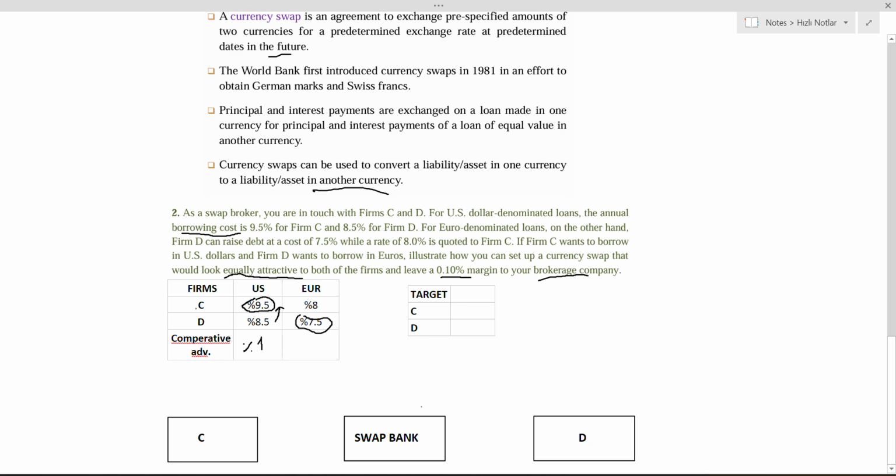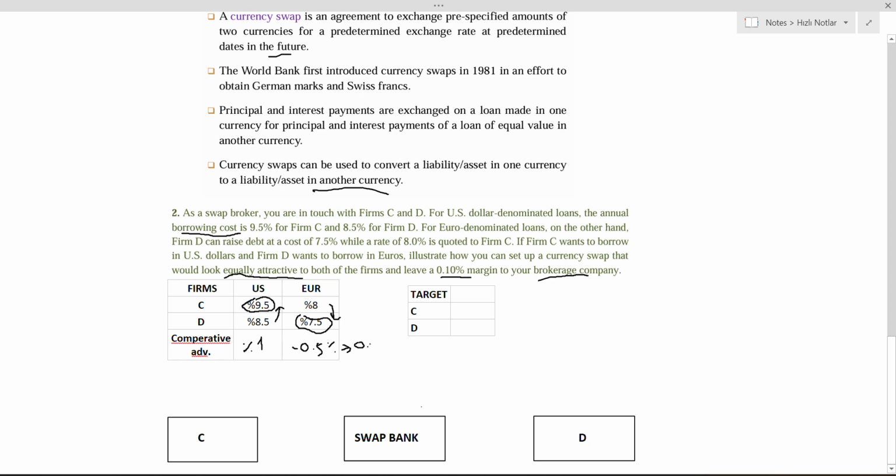When I look at the euro column, the euro rates for firms C and D, this time firm C has a minus 0.5% advantage, while firm D has more advantage. Then what is our net advantage here?